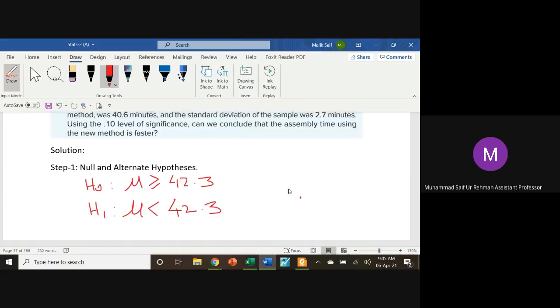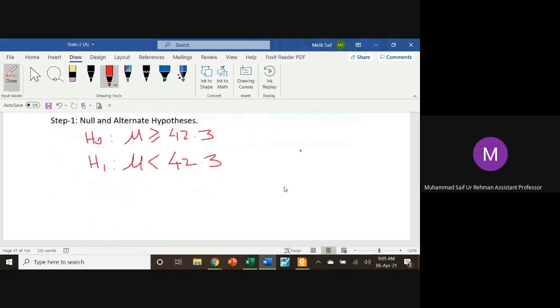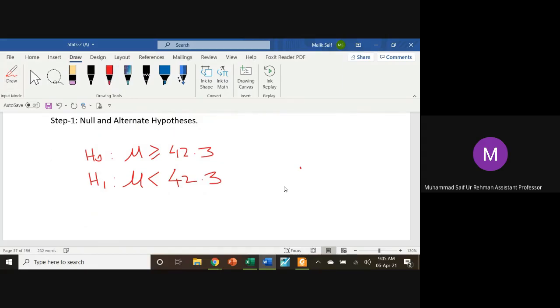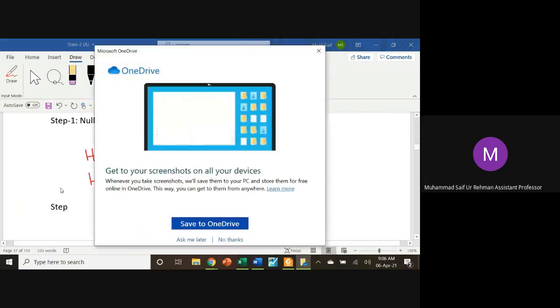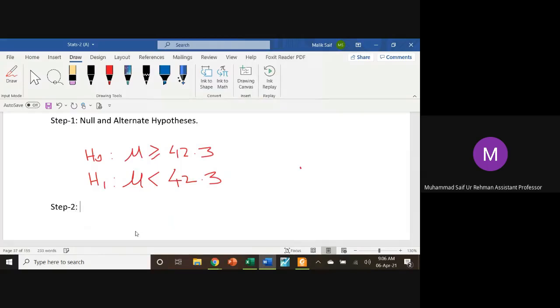So this is a tricky question, but you have to recognize this fact from the given story. Now there is step 2, and in step 2 you will write down the level of significance.